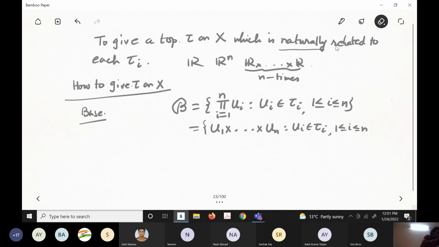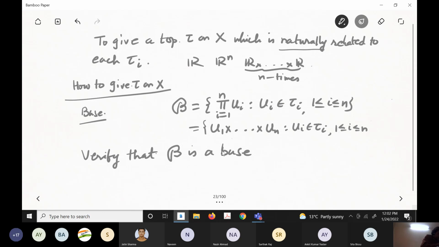So you can easily verify that B is a base for a topology tau on X. What is the property of a base?